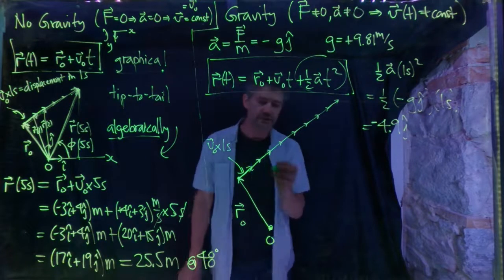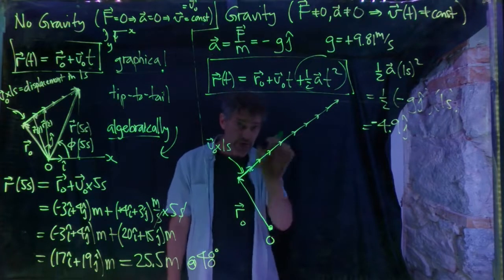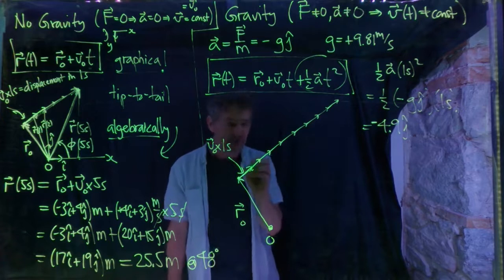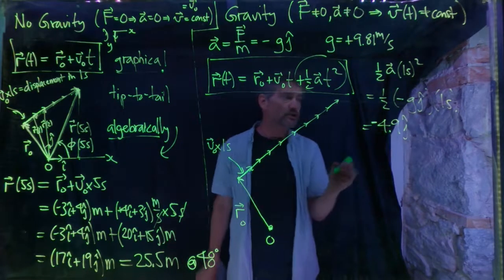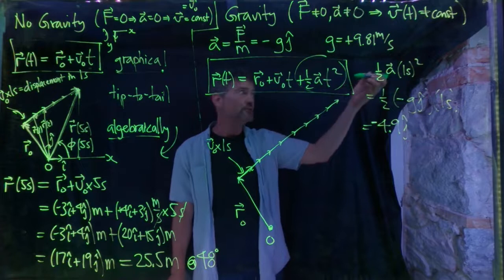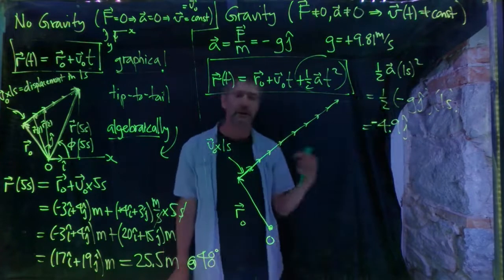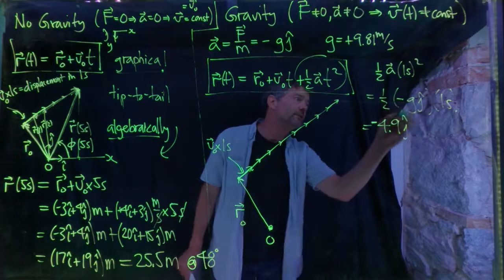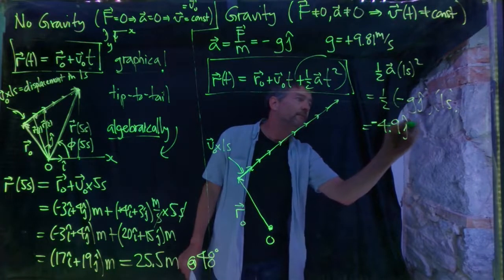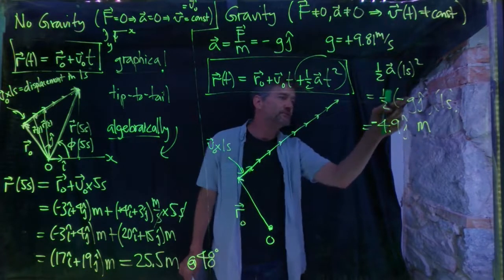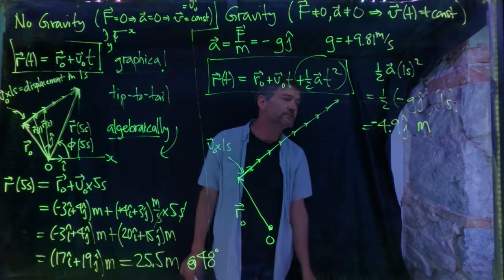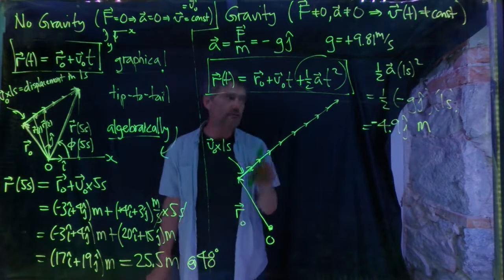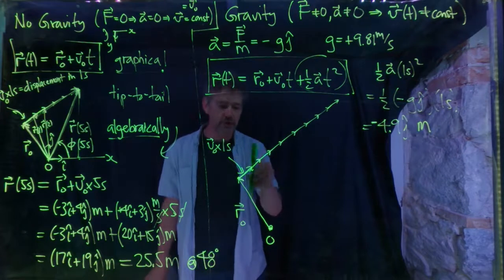Let's assume this little vector, because they're going to get bigger, is negative 4.9 j hat. That's how far an object falls in 1 second, 4.9 meters. The units are meters, because this is meters per second squared times seconds squared. So it has a displacement of 4.9 meters in the negative j hat direction.